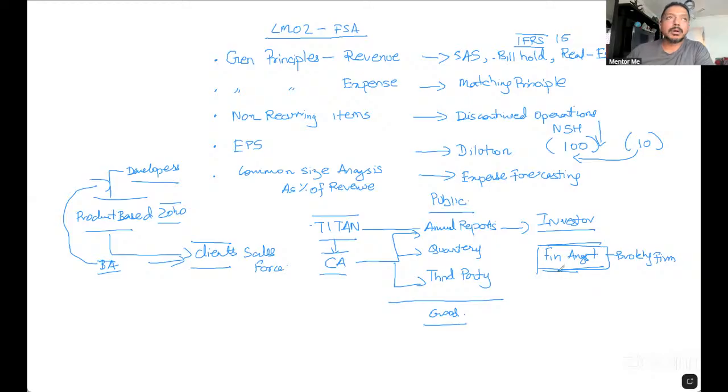You would analyze stocks, companies, create financial models, create research reports, and use these reports to get more clients for the broking firm. That is one of the job roles of an analyst, right? The second could be, just give me a second.